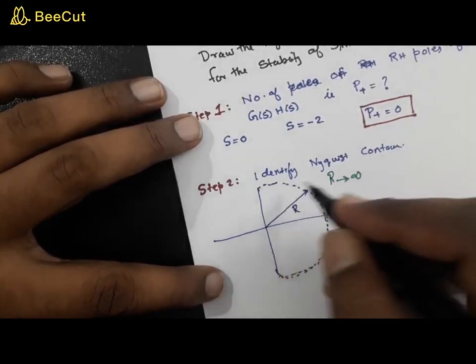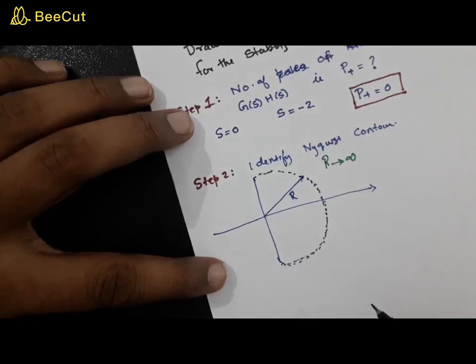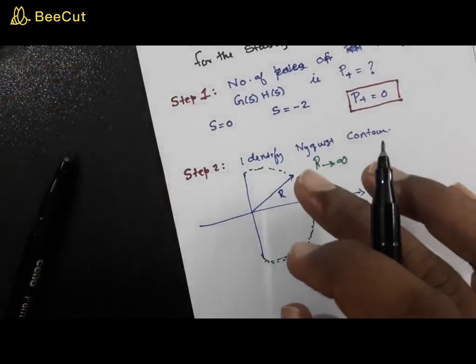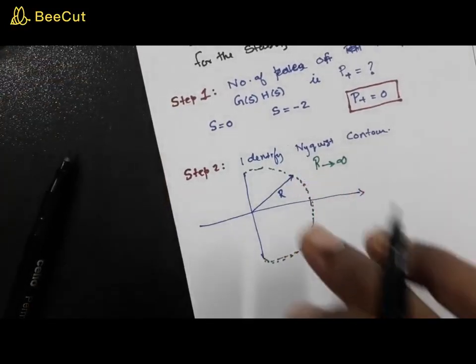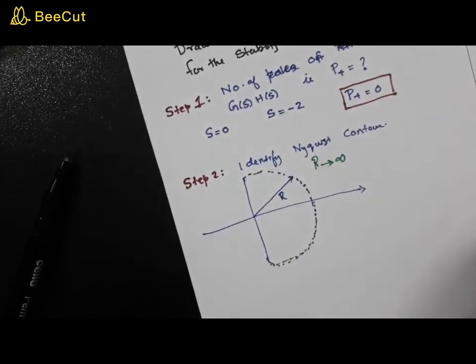That is what is called the Nyquist contour. Now this is an S plane. But when you draw the Nyquist contour, you may be thinking that for every problem step 2 will always be the same, and the contour diagram will always be the same.